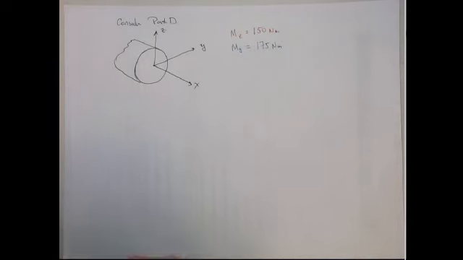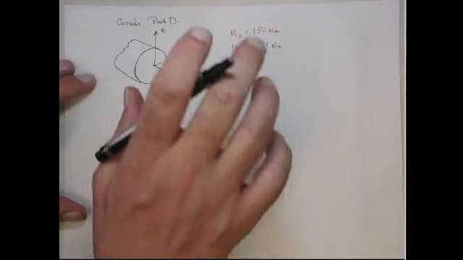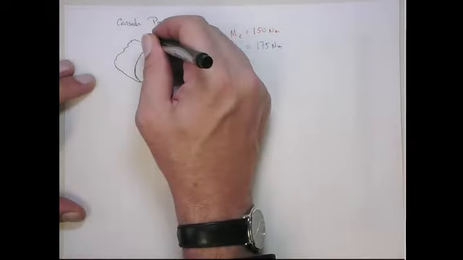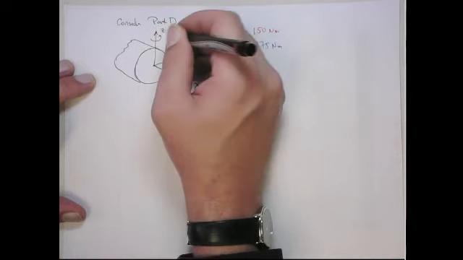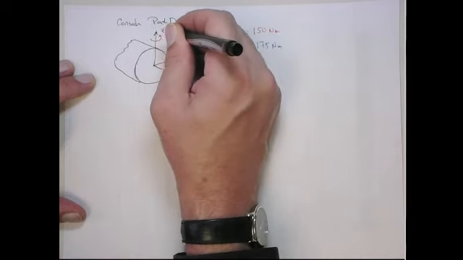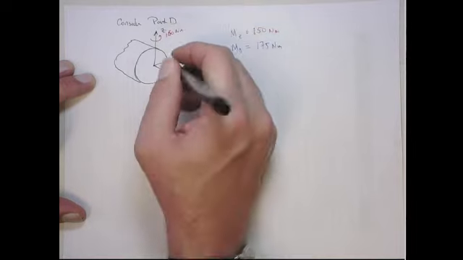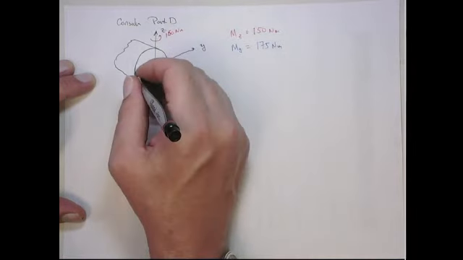So let me draw those stresses, okay? Let's first do the moment around the Z. That's the red. That's a moment like this of 150 Newton meters. So that means this side's going to be in compression, this side's going to be in tension.